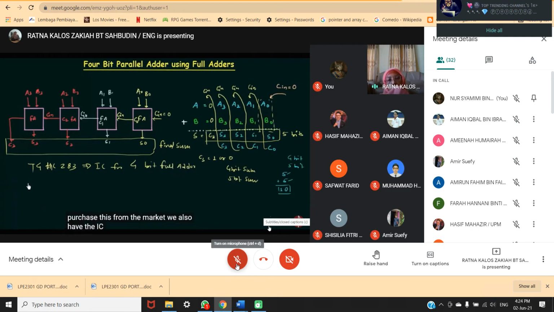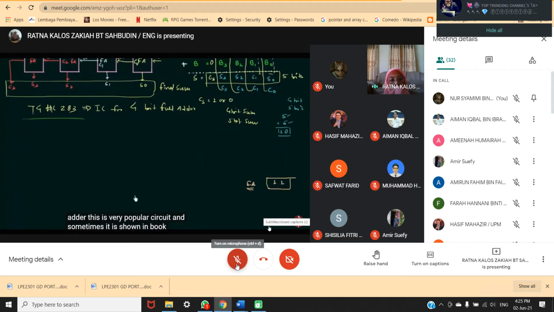We also have the IC for 8-bit full adder, but I think we don't have the IC for 16-bit full adder. You can definitely obtain 8-bit full adder by using 4-bit full adder. If you have this IC, you can cascade it like this, and you will have 8-bit full adder. This is a very popular circuit, and sometimes it is shown in books like this.